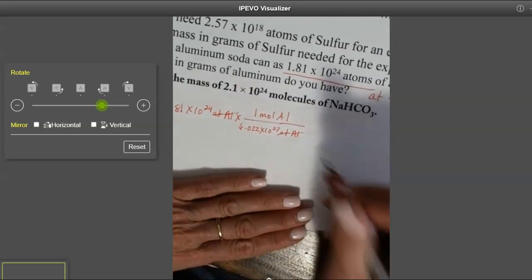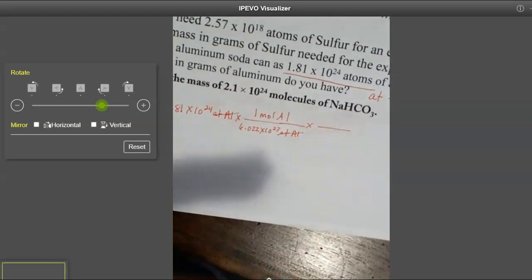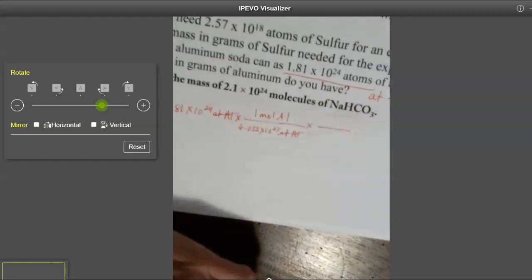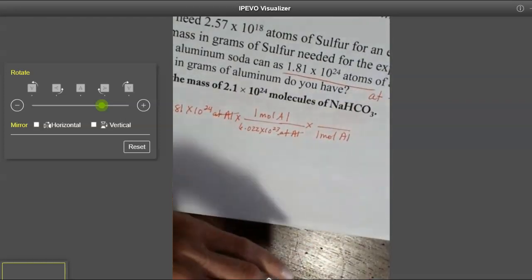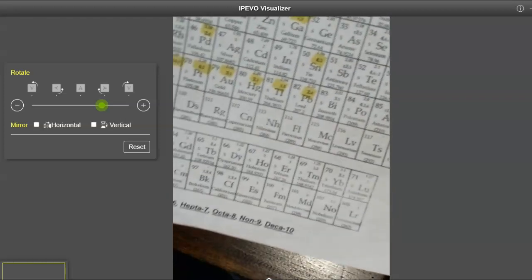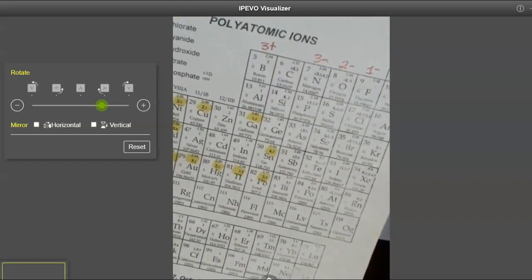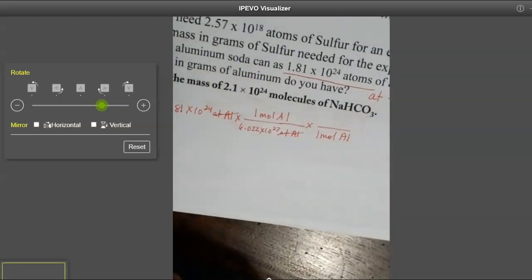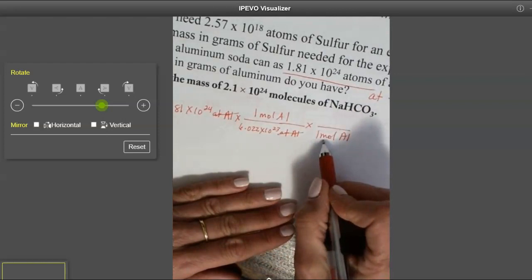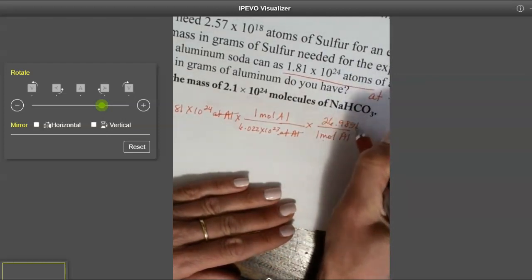Got one more step to go. I want to get to mass city, so I got to jump on molar mass highway. So 1 mole of aluminum is equal to its mass in grams. So I'm going to go to the periodic table. There we go. Aluminum, 26.98. So 1 mole of aluminum is equal to 26.98 grams of aluminum.